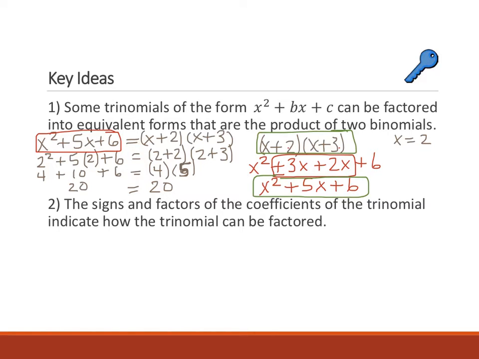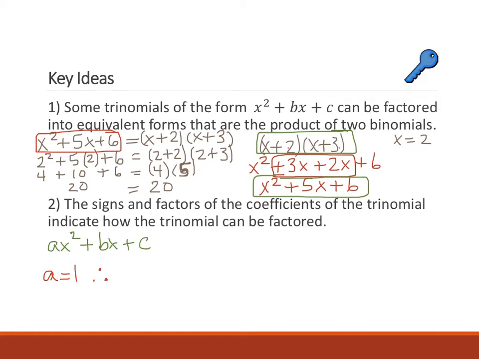Now the second key idea is going to help us with our factoring. It says that the signs and factors of the coefficients of the trinomial indicate how the trinomial can be factored. The trinomials that we are going to be factoring are in the form of ax squared plus bx plus c. We will designate a to have a value of 1.